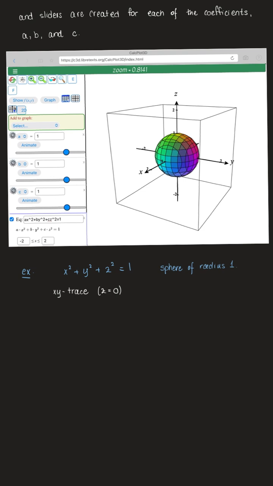When z is 0 here, we get that x squared plus y squared is equal to 1. That is a circle of radius 1. If we take a look at the xz trace when y is 0, we'll have that x squared plus z squared is equal to 1, another circle of radius 1.